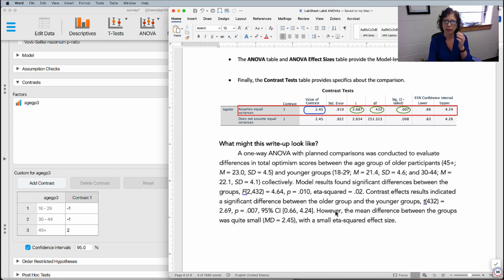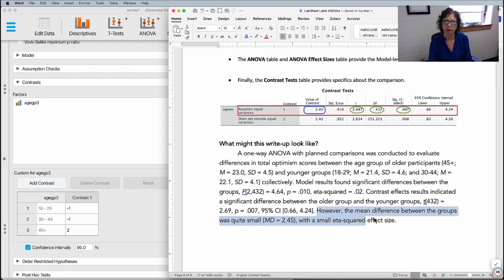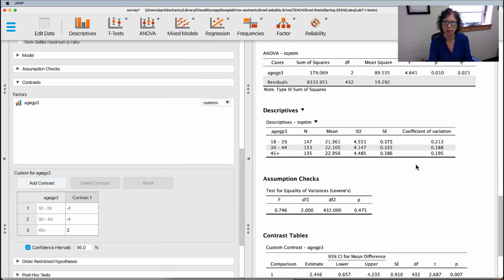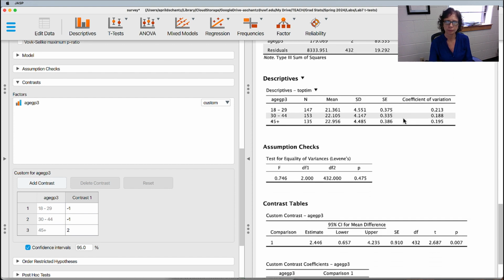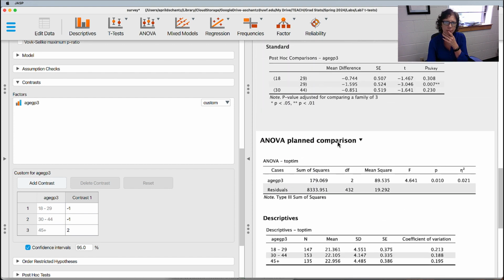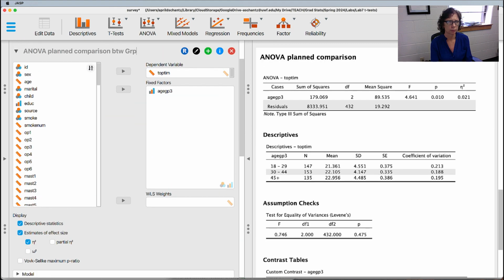However, the mean difference between groups was quite small, 2.45 right there, and the small eta squared effect size, which was on our main ANOVA F-test up top. Okay, so that's planned comparison, and it was between group 3 and groups 1 and 2, collectively.